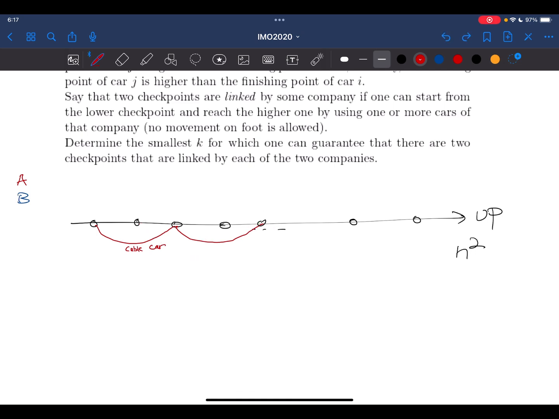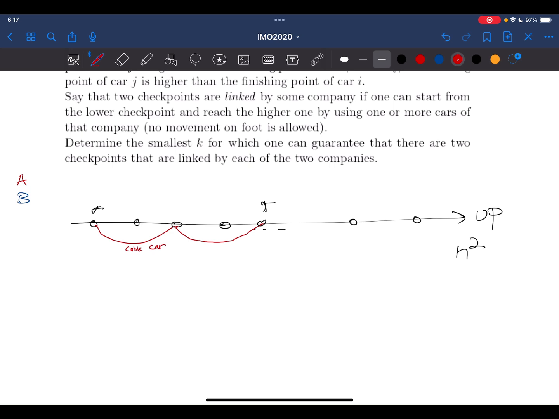Sounds good. And the question is basically defining two checkpoints being linked by company A, for example, if I can travel from the first checkpoint to the next one using only A-links, using only cable cars from company A, right?